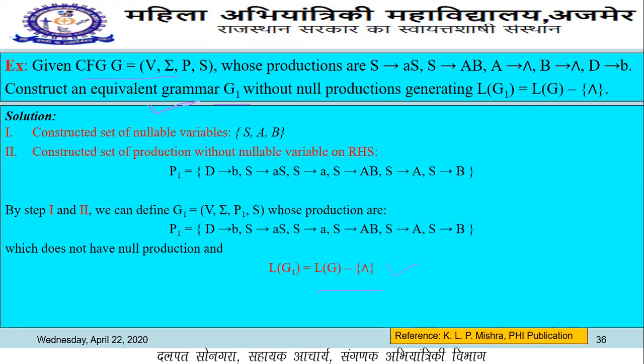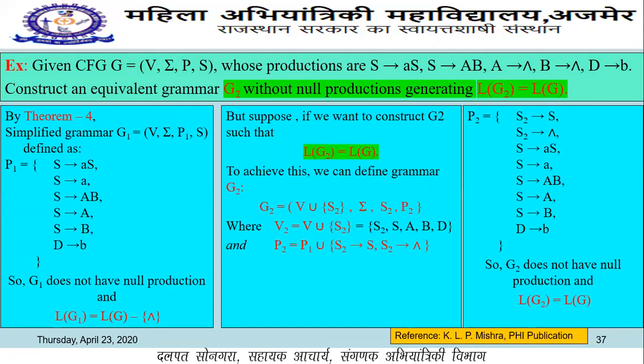Okay, so suppose we want to construct G2 without null production. Previously we constructed G1, and this G1 is equal to L of G without null.